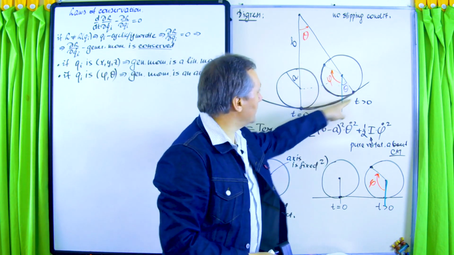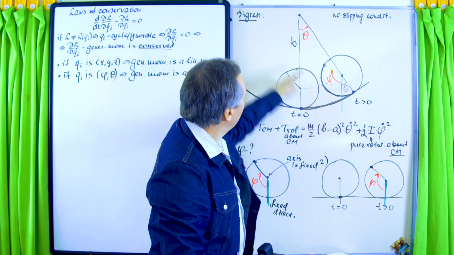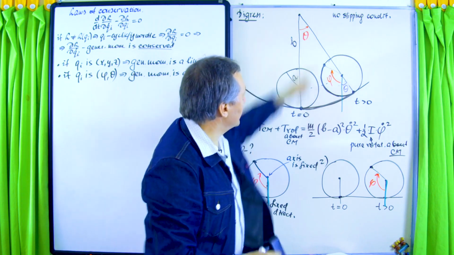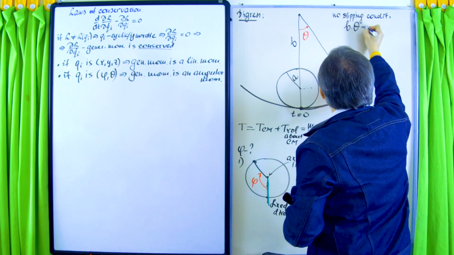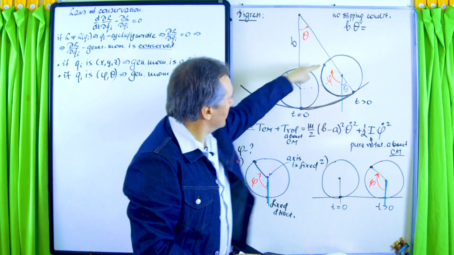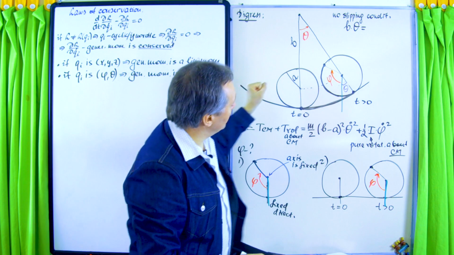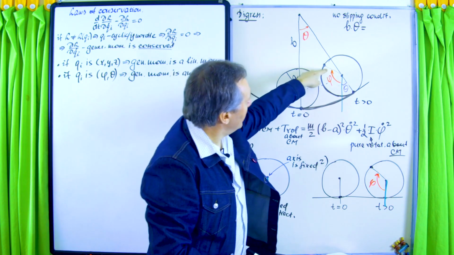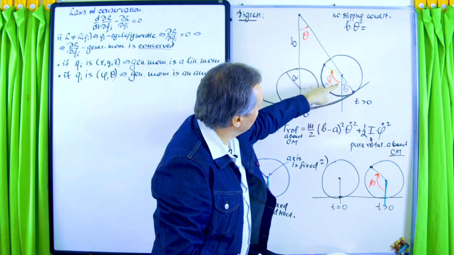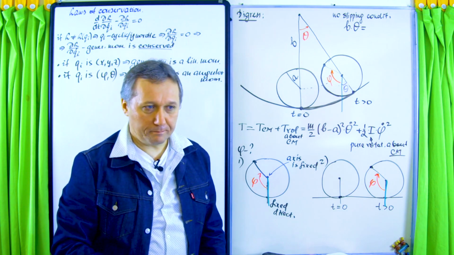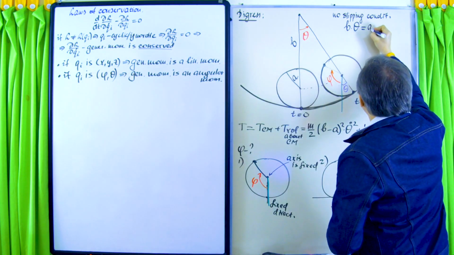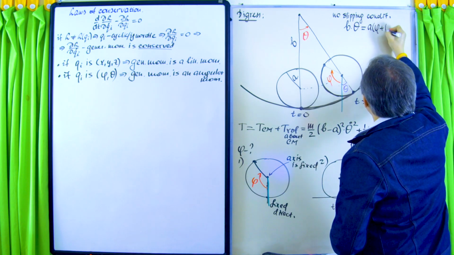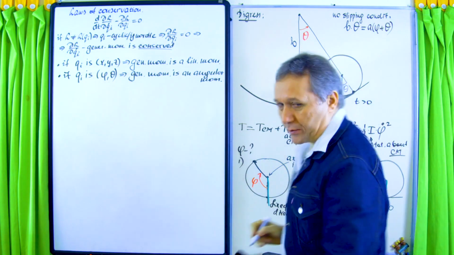This arc length can be written as b times theta, which equals the arc length over the smaller radius, a times (phi plus theta). So that's the no slipping condition.